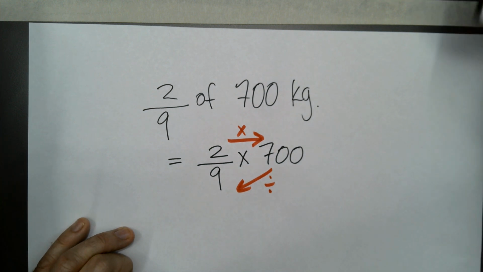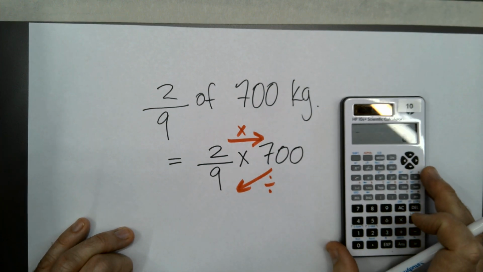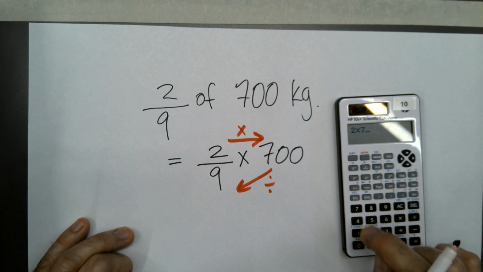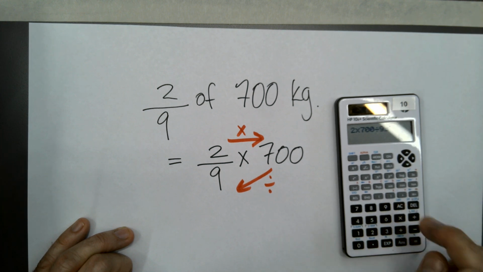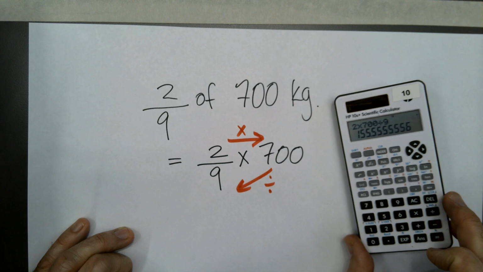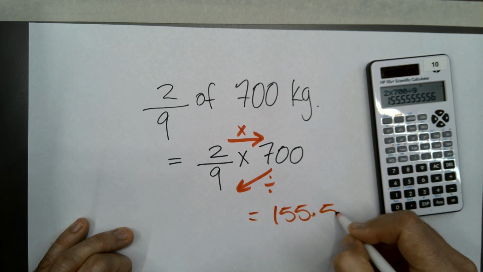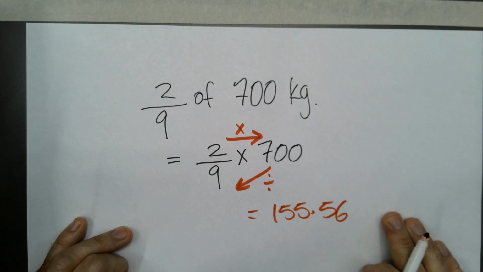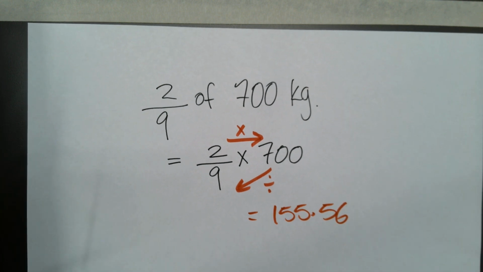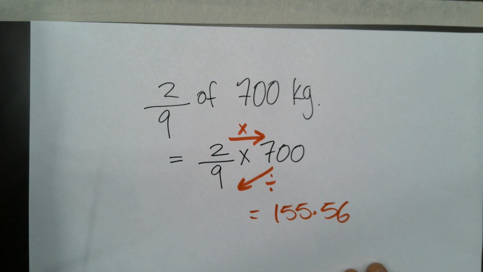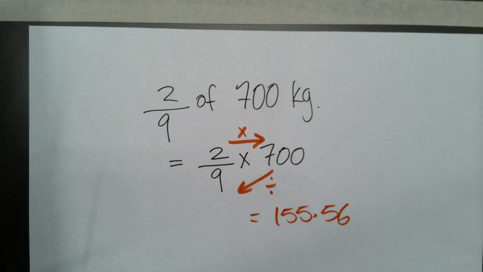So I've got 2 times 700, divide by 9, which is 155.56. You've got to know how to do that if you're going to do mixing ratios. Just keep in mind that triangle thing: you multiply the top and then you divide the bottom.